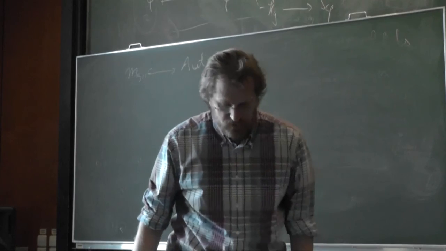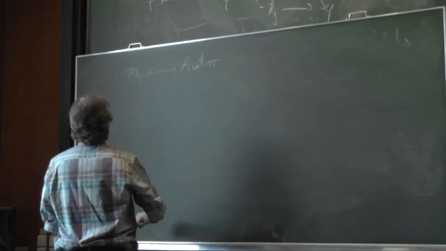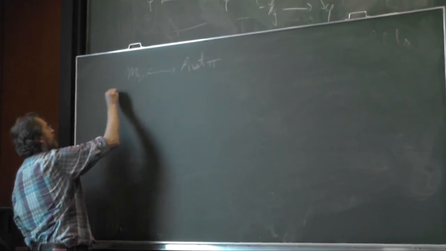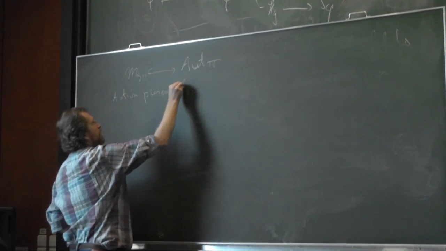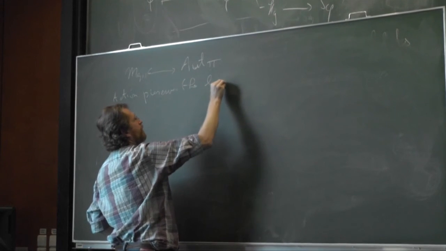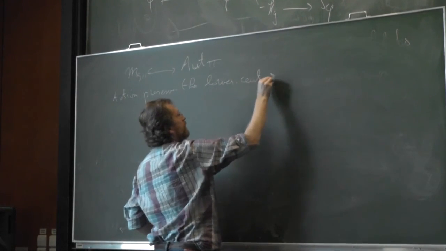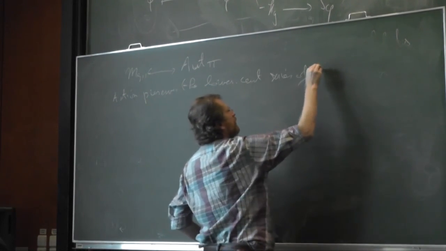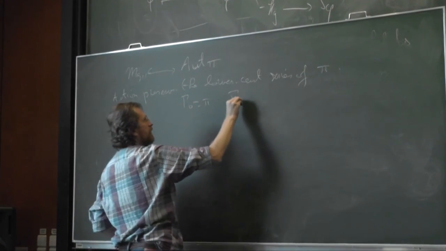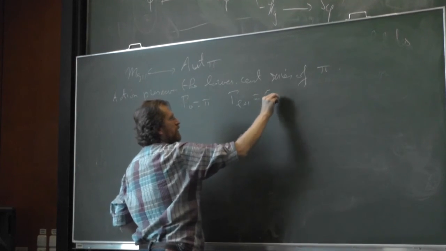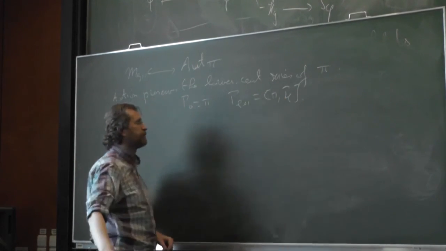So of course the idea is to approximate this action. And for this, we observe that the action preserves the lower central series of pi, where gamma L plus 1 is the commutators of pi and gamma L.